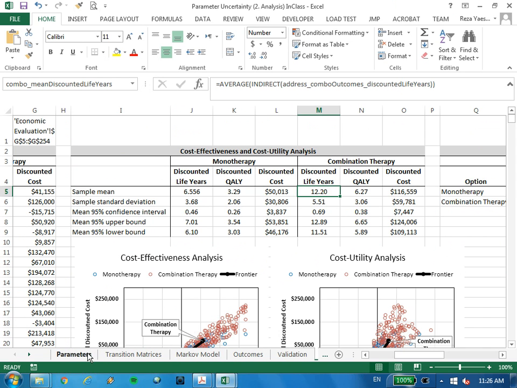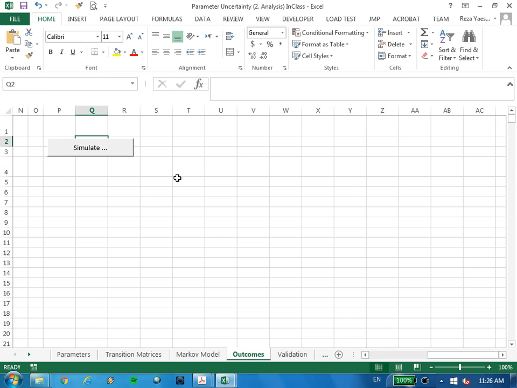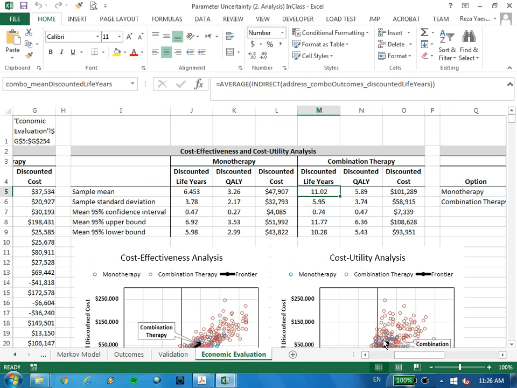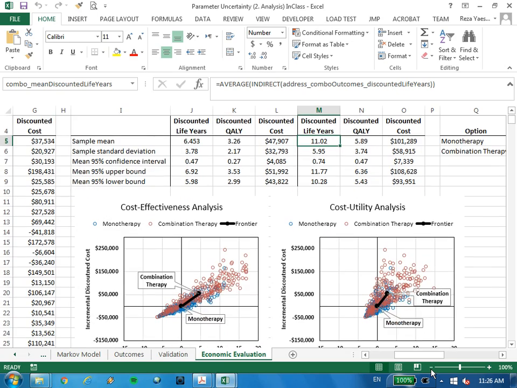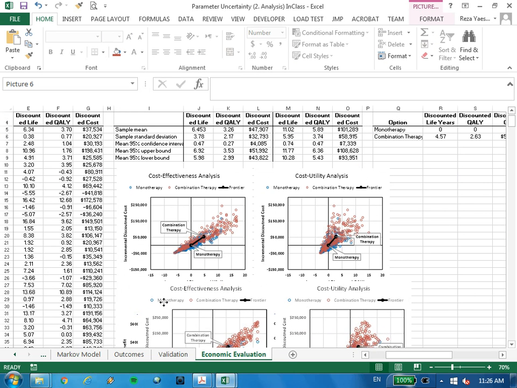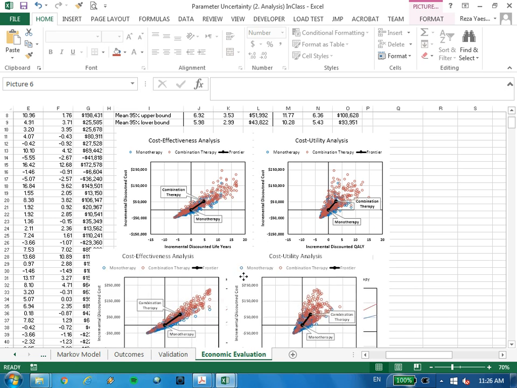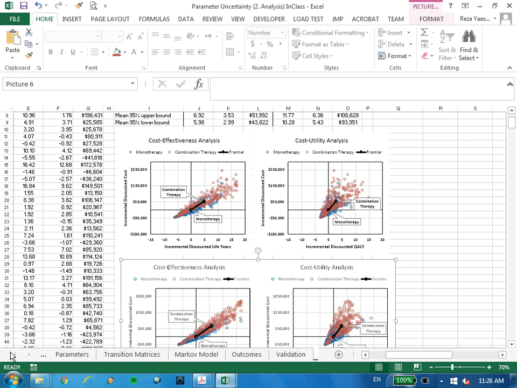Now, when I turn the parameter uncertainty back on, let's simulate. Oh, it didn't change as much.